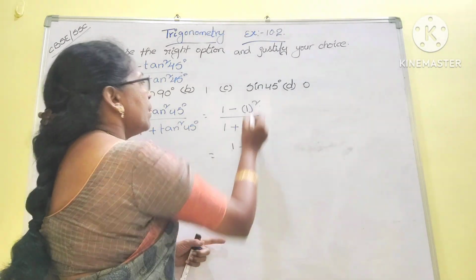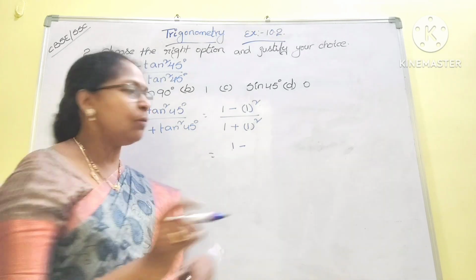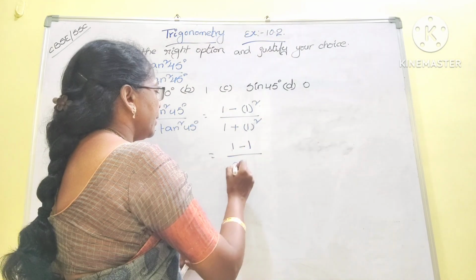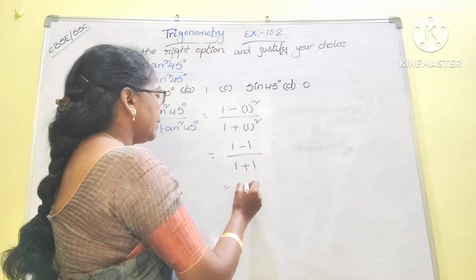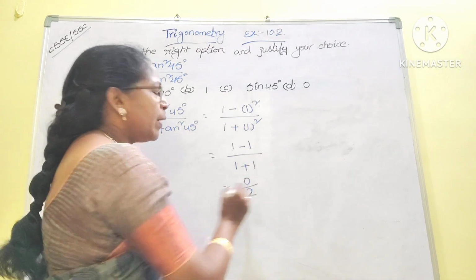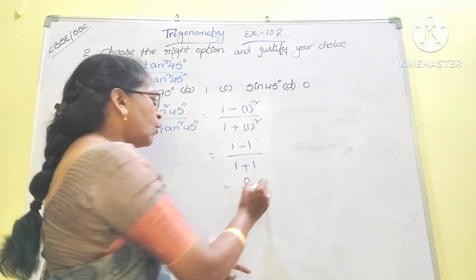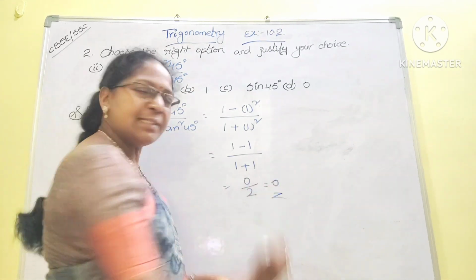Now 1 minus 1 square value equals 1, so 1 minus 1 divided by 1 plus 1. So 1 minus 1 equals 0, 0 by 2 equals how much? 0. This is the right answer.